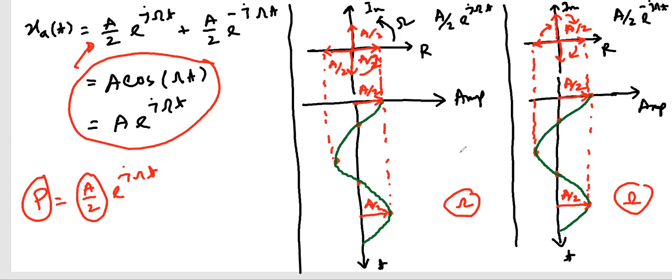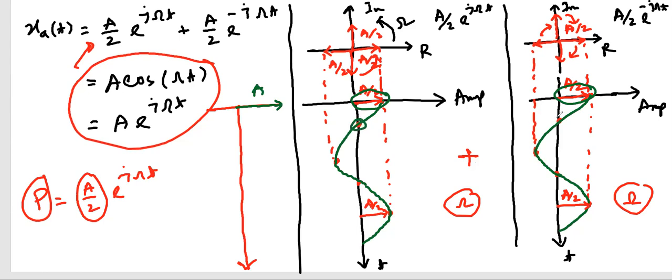Now, if I add those two signals together, what will happen? It will give us, Sir, overlap. When you are adding those two together, what will be the resultant value? Definitely this a by 2 and a by 2 will add together. So the amplitude should be a.